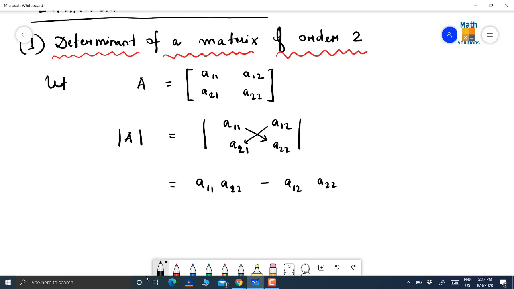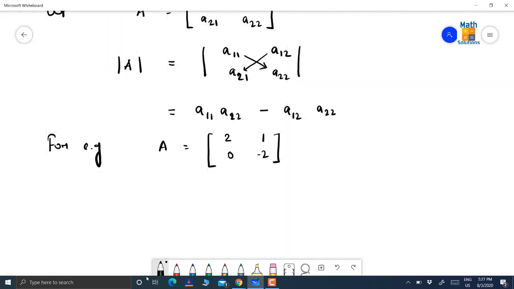Let us consider an example. Say capital A is a matrix with elements 2, 1, 0, minus 2. What will be the determinant value here? Determinant of A is equal to 2, 1, 0, minus 2.